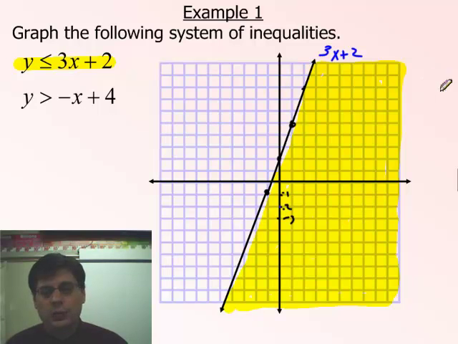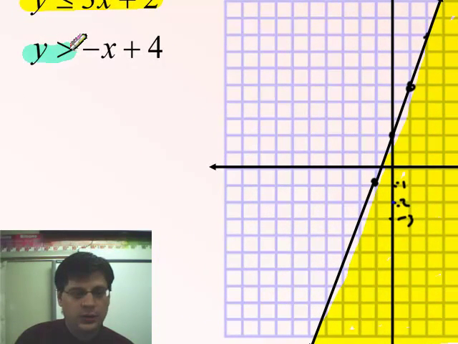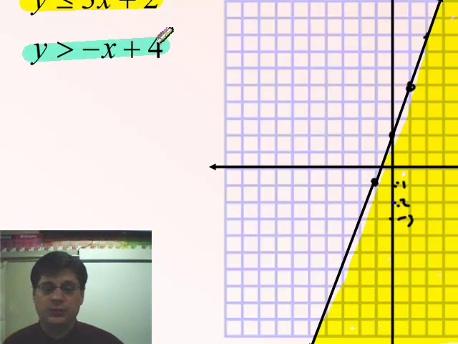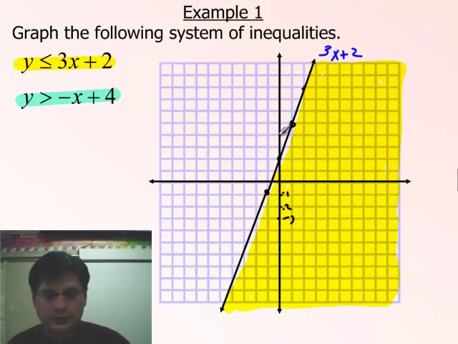All right, now we're going to look at the next inequality. So y is greater than negative x plus 4. Notice, we're going to graph this just like the other one. Before I get ahead of myself, 1, 2, 3, 4.